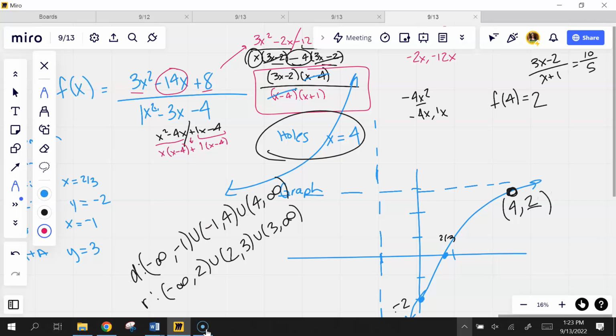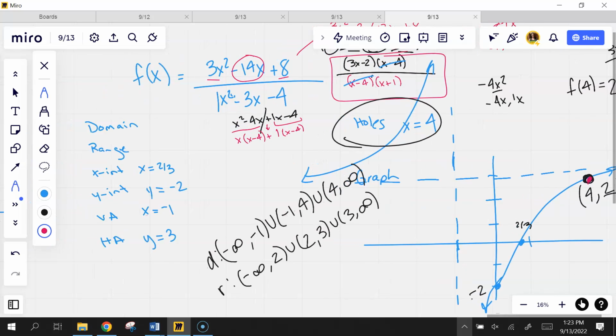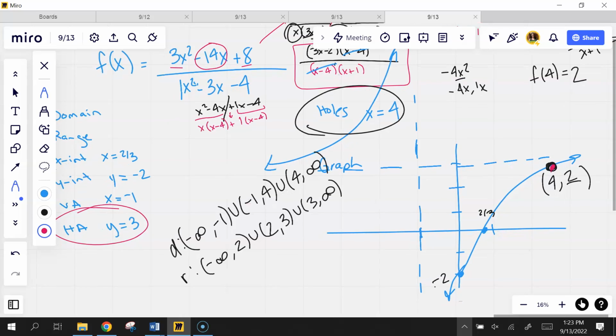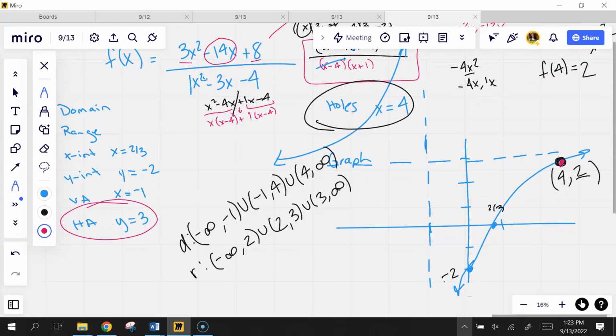Okay, so range is from the bottom up. So the lowest I ever go is -infinity. And then I go up until I hit this hole right here. Why is what at 4? There's a hole at 4. All of this comes into play with my domain and range.